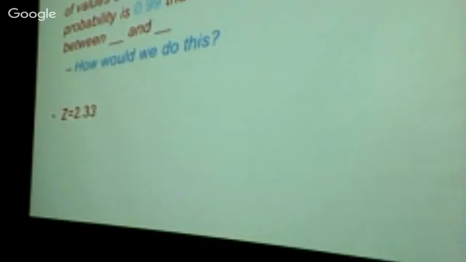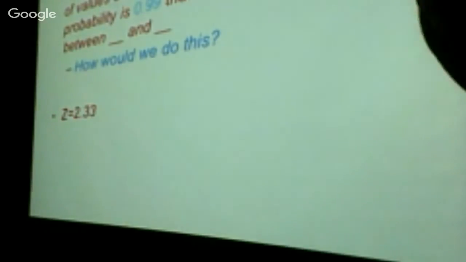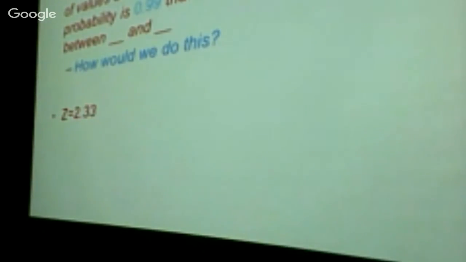So I'll say that again. The standard deviations above and below represent the percentage related to my alpha. In this case, it's 99%. That's essentially what it's saying.